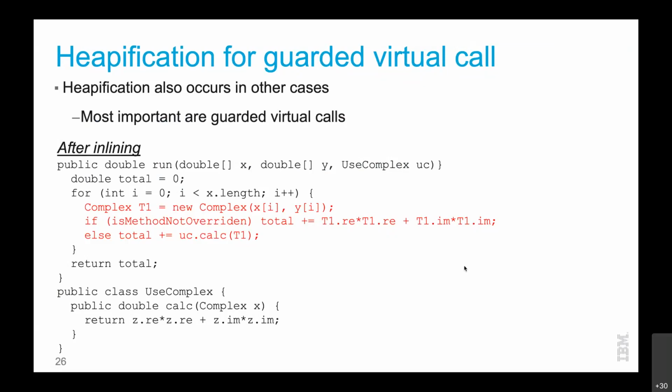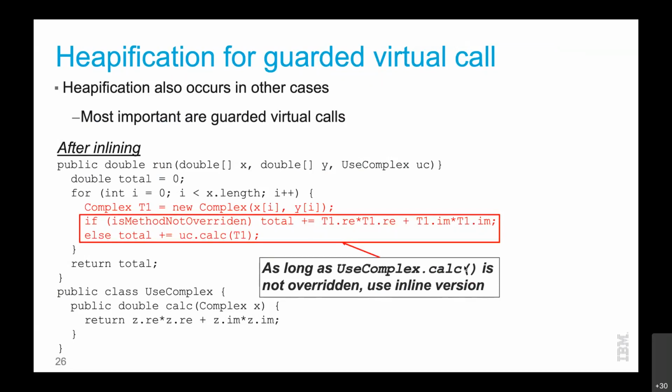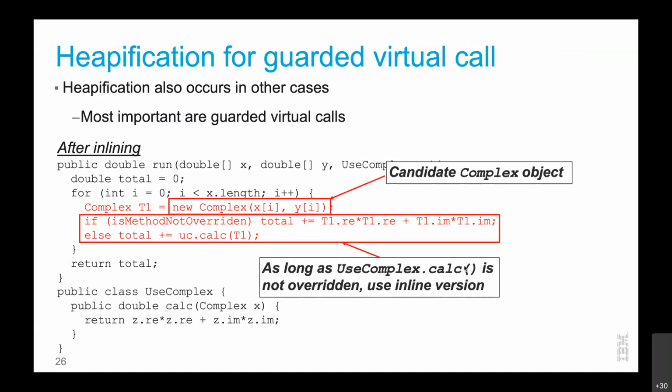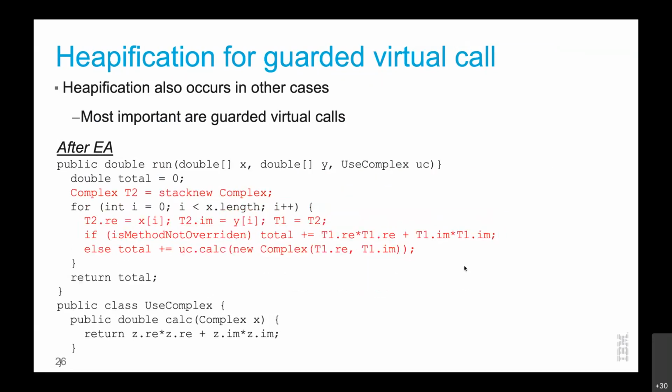Now, it hasn't been at this point in the execution, but sometime in the future, somebody might load a new extension of useComplex, a new class that extends useComplex, and it might override the calc method. As long as the calc method has not been overridden, the inline version will continue to be used. Now, what does EA do with that?